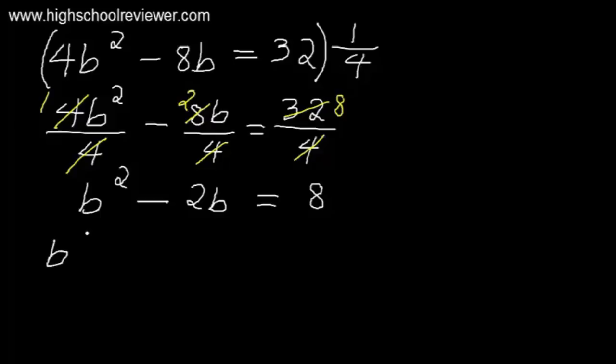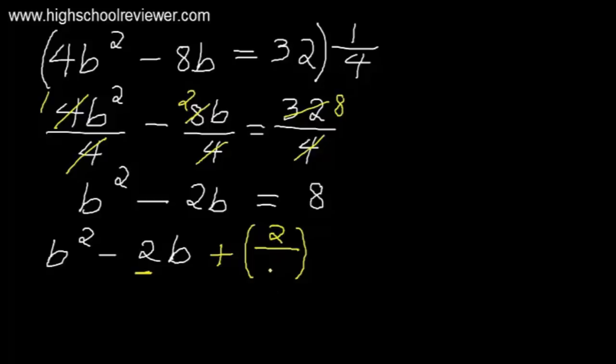Okay, we have here b squared minus 2b, and then we will add here a third term. Okay, so this will be plus, the third term will be a fraction. The numerator will be the numerical coefficient of our second term, disregarding the sign, so that will be 2.